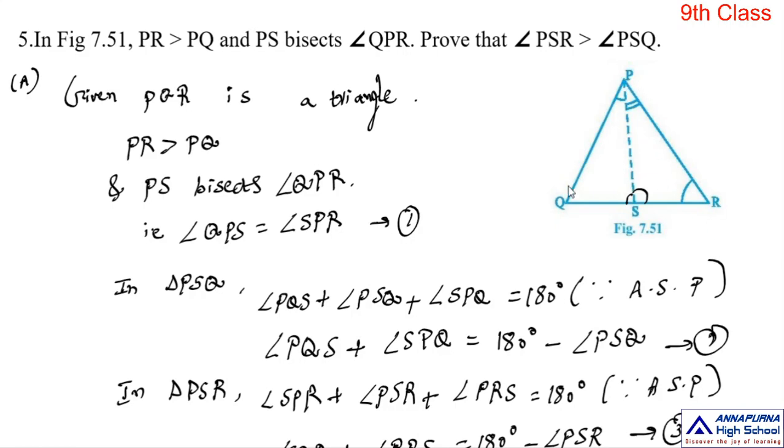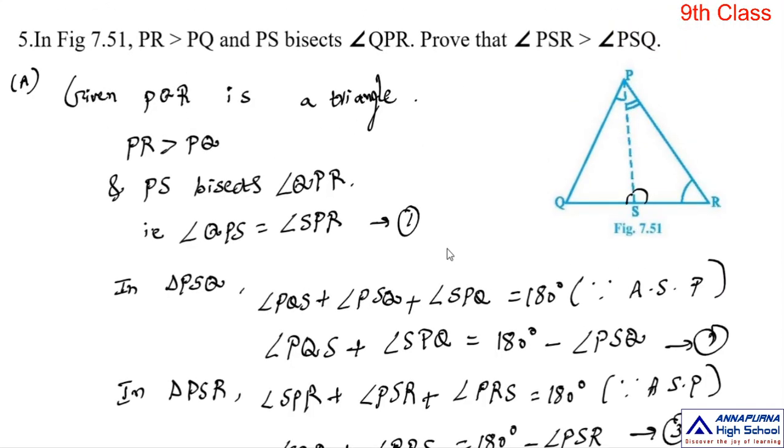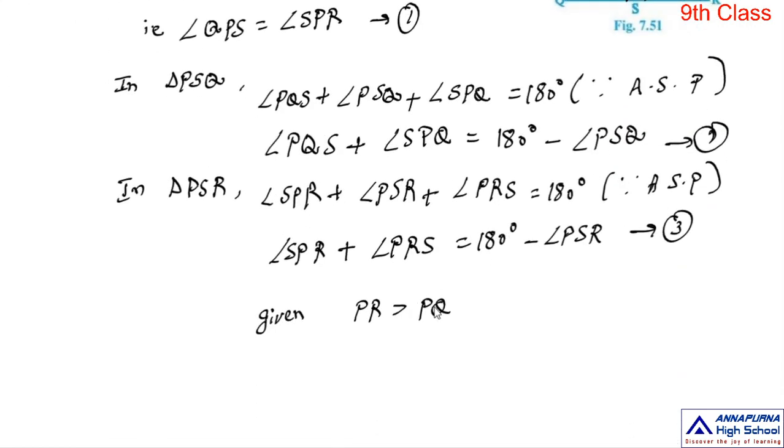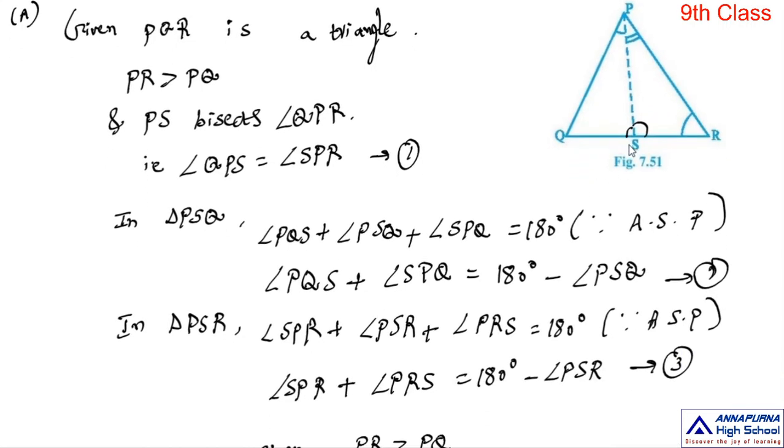Next, the angle opposite to the smaller side is smaller. So the angle opposite to the smaller side PQ is angle PRQ.